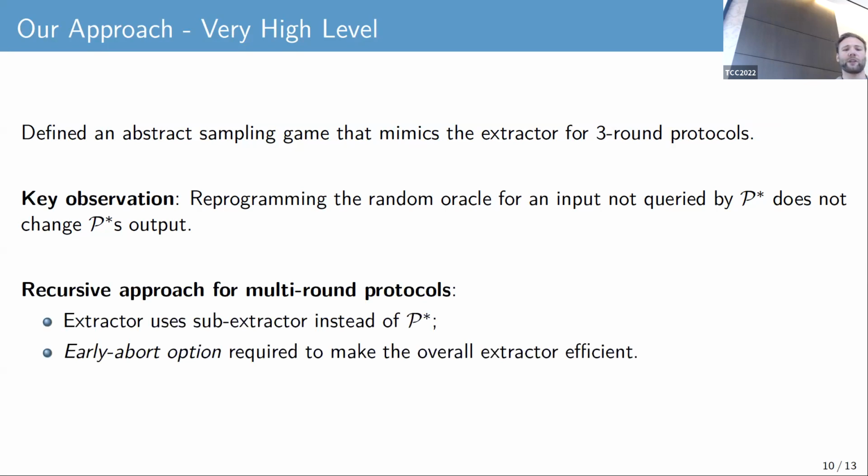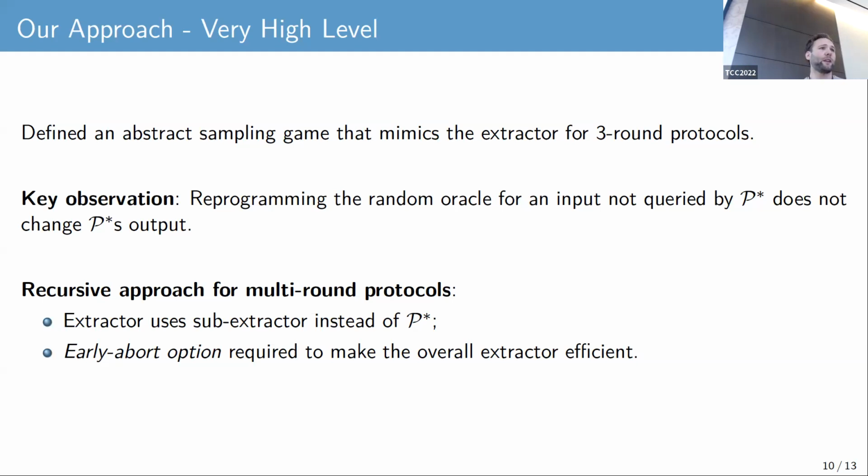Another observation is that there exists a very natural recursive approach to go from 3-round interactive proofs to multi-round protocols. We have this 3-round extractor, and it uses a sub-extractor instead of the prover P star as input. I'm not going into details right now, but there is a very natural approach to do this.